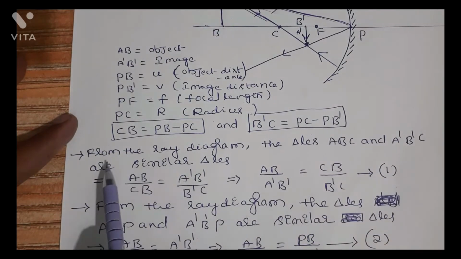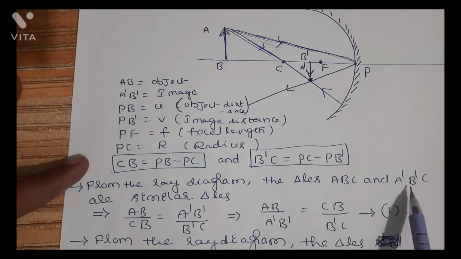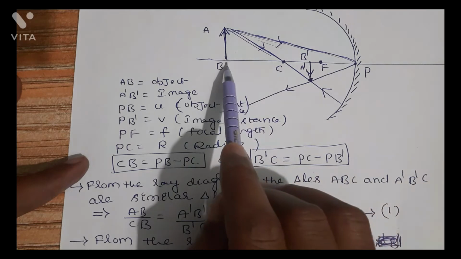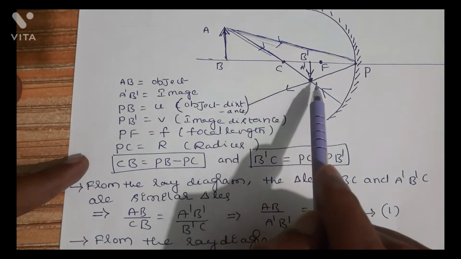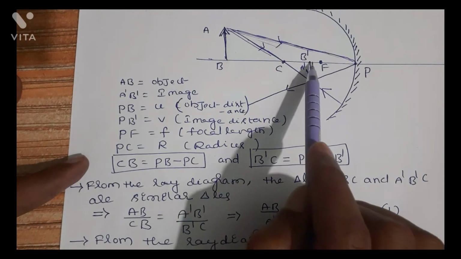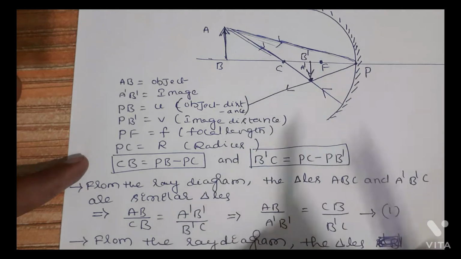Now from the ray diagram, the triangles ABC and A'B'C are similar triangles. You can see, students, triangle ABC is a right angle triangle, and A'B'C is also a right angle triangle. So these two are similar triangles.